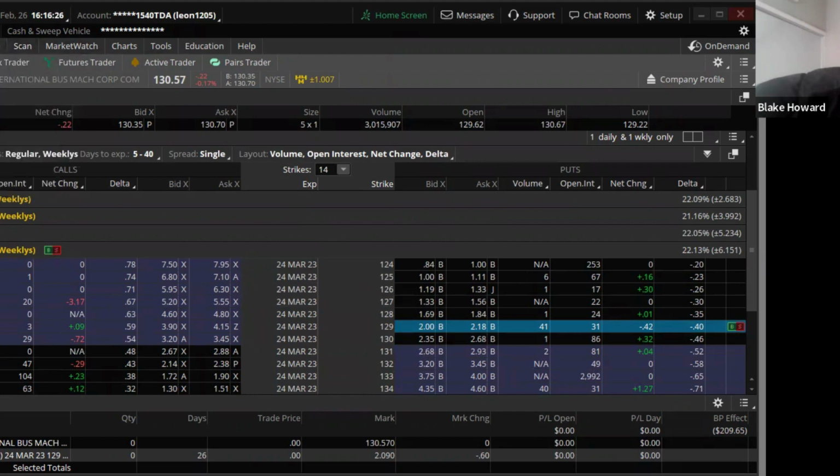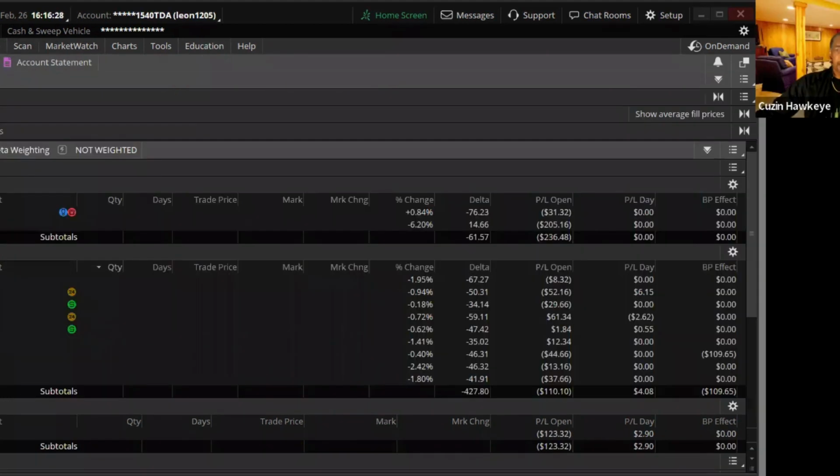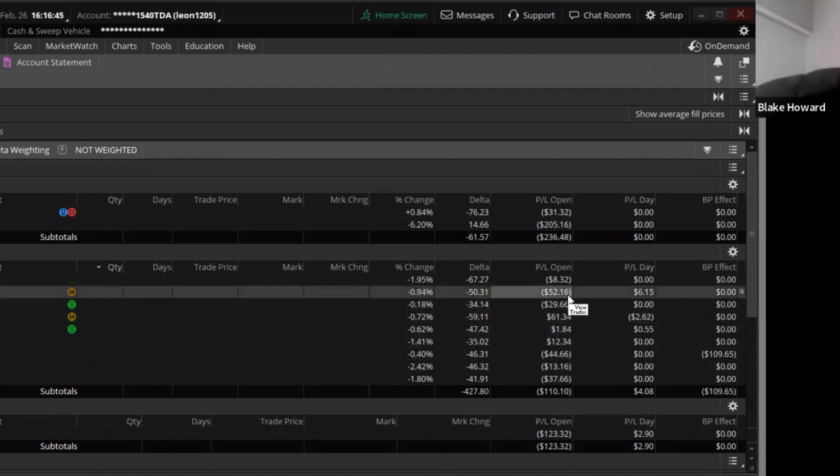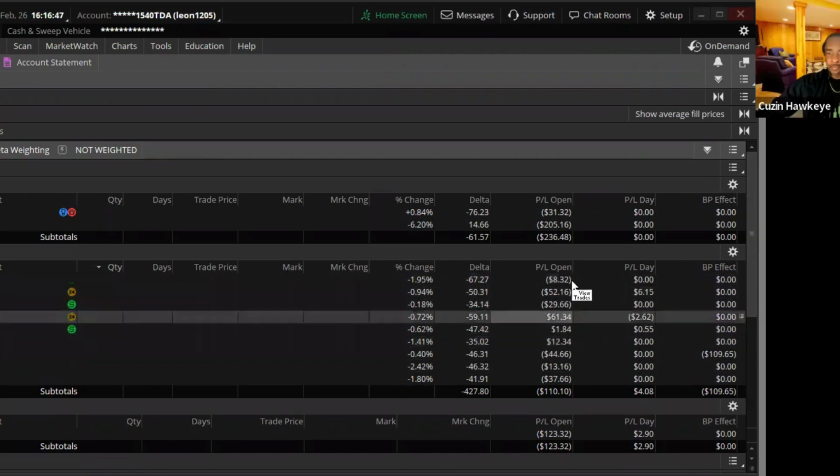Now, like you said, the monitor tab. So you see how many I've got going now. Here they are. I've got some with the OCO orders, and I've got some I just put in straight with just a buy. And the rest of these are already in place.